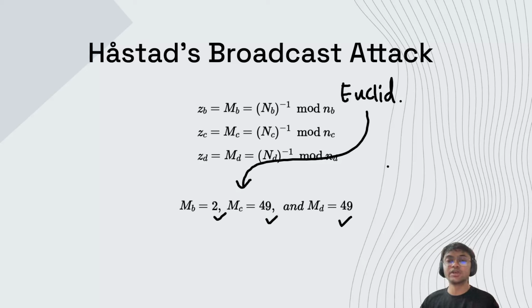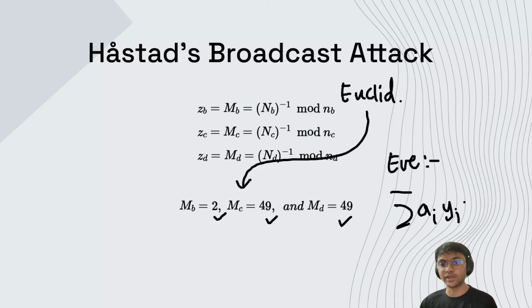At this point, Eve has everything they need to plug into the formula, the sum of AI, YI, ZI, or to know the other expression, we say CI, NI, and MI. These are just different notations for the same things.